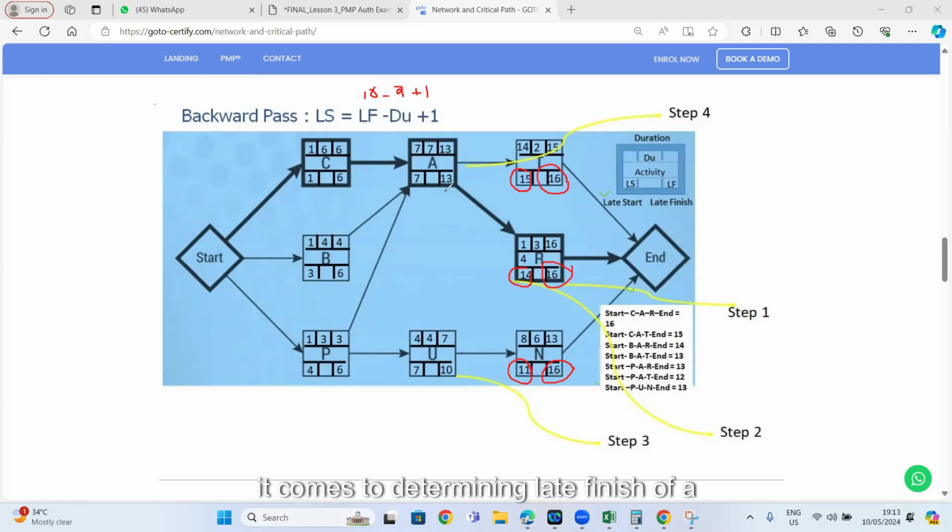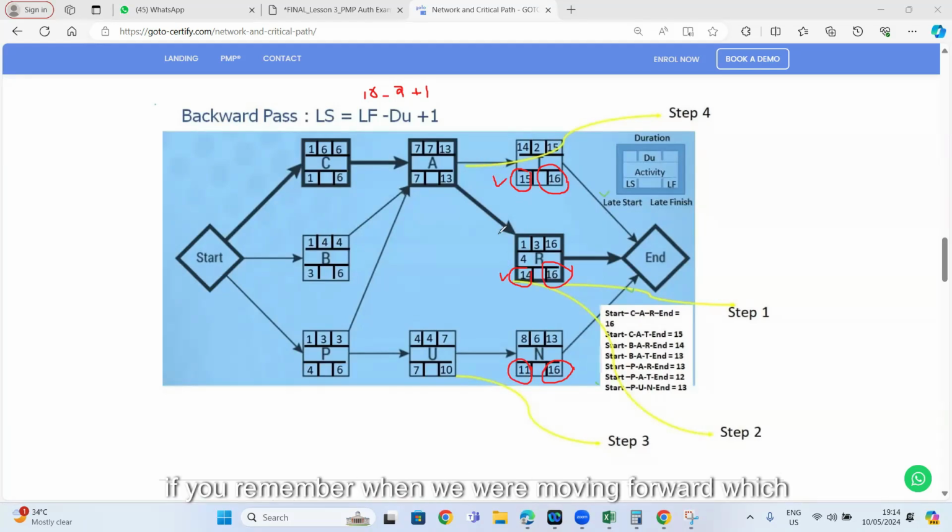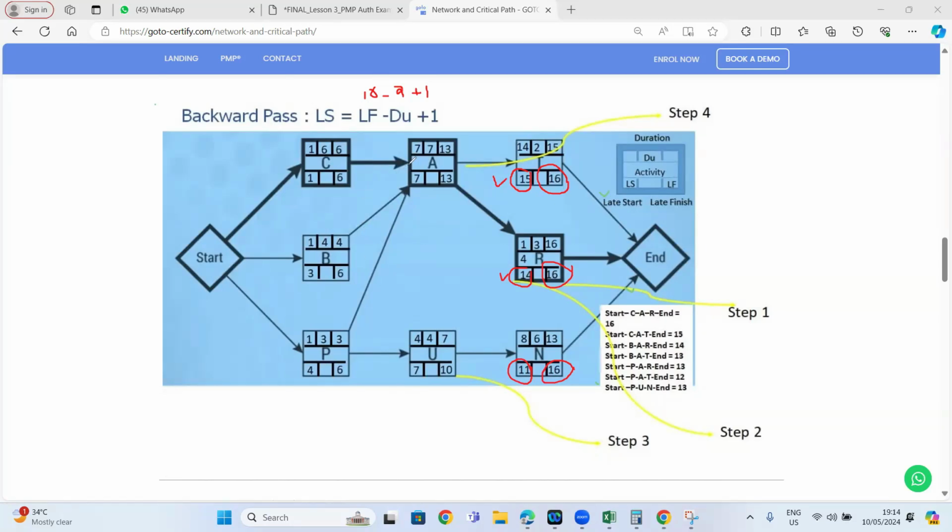Now, it comes to determining the late finish of A, where we have a competition between this activity and this one. If you remember, when we were moving forward, we decided seventh based on the six.